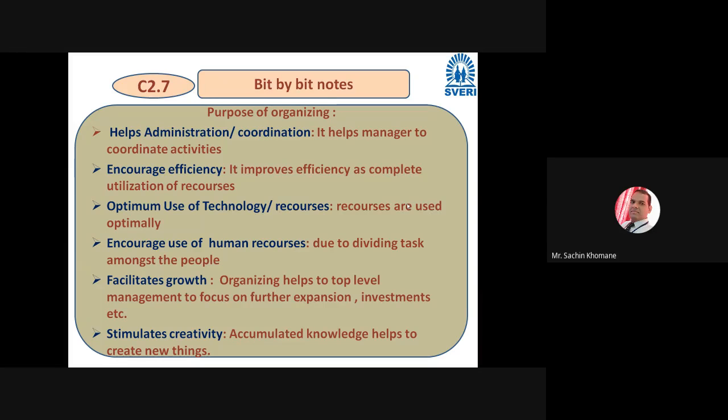So as you know, for these 10 machinery, 10 liters are required. So you allocate that only, not more than that, right? So this is the reason. That's why people will use optimally, and even technology also, same thing is there. The next one is encouraging use of human resources.